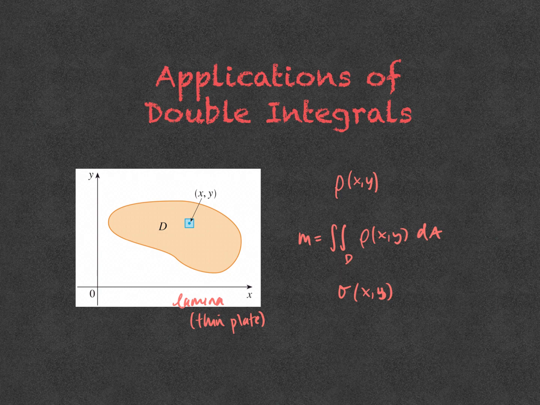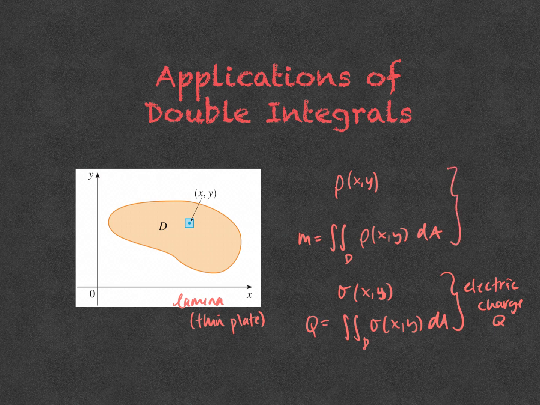Then the total electric charge Q is given by the double integral over D of sigma of (x, y) with respect to the area. So this is the electric charge Q. Aren't you glad I'm not going to make you memorize these?